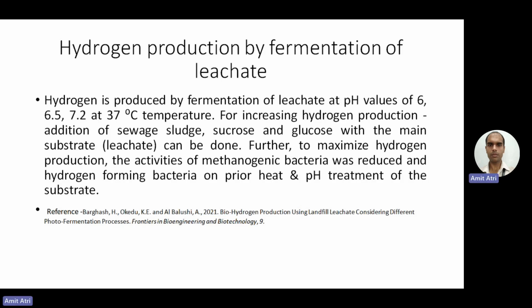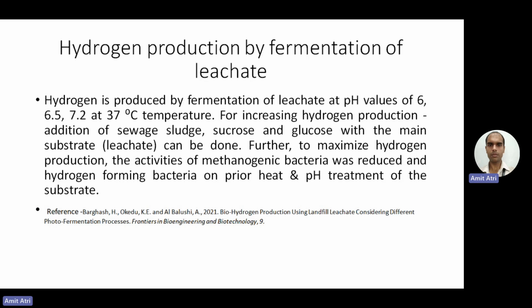Next technique. The reference is from the research paper of Vargas et al. in the year 2021. The technique of fermentation is used on leachate and correspondingly hydrogen is produced. The pH value is maintained at 6, then 6.5, then 7.2, and the temperature at 37 degrees Celsius.